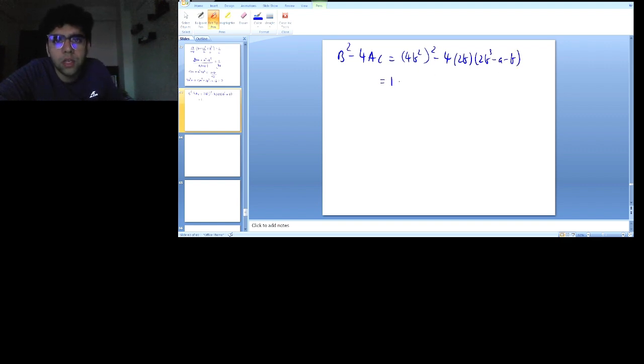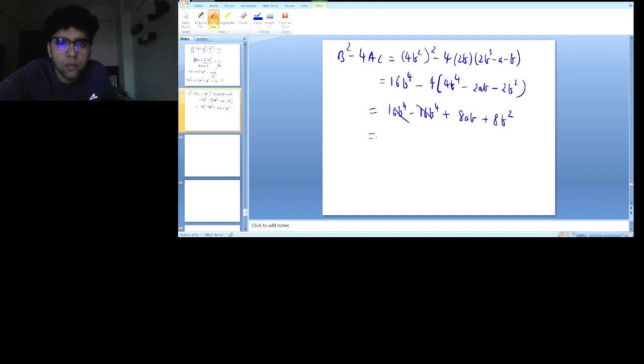So this is 16b to the power 4 minus 4 into 4b to the power 4, 4b to the power 4 minus 2ab minus 2b square. This gives me 16b to the power 4 minus 16b to the power 4 plus 8ab plus 8b square.